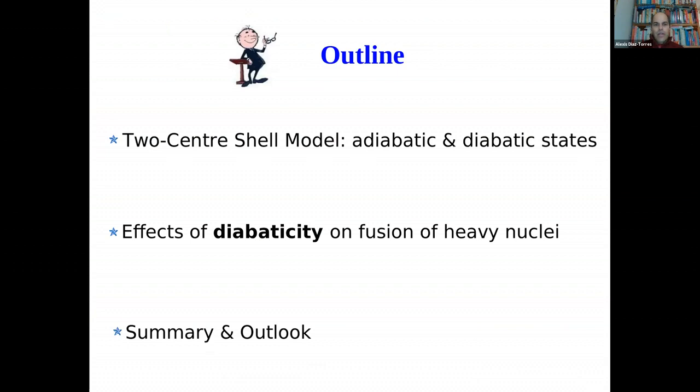And then I will illustrate an application of these concepts in describing fusion of heavy nuclei, and to address the effects of diabaticity connected with the diabatic single particle motion. Finally, I will summarize and give some perspective on the application of these concepts to nuclear physics phenomena.